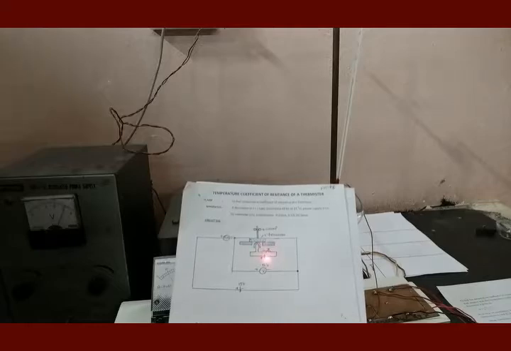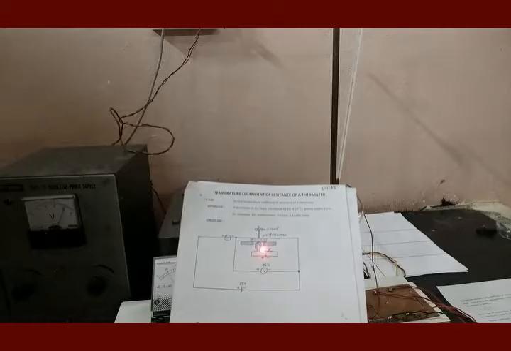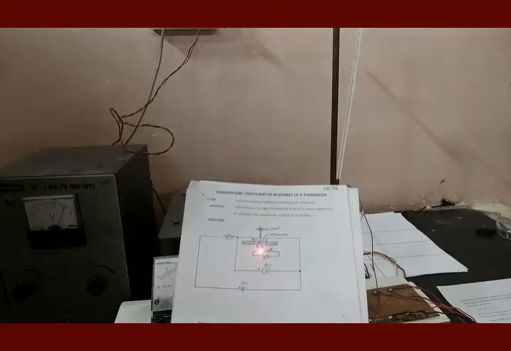Both voltage and current given to the incandescent lamp will be changed. This incandescent lamp has a tungsten filament. As more and more current is allowed to flow through the tungsten filament, according to Joule's law of heating, more and more heat will be generated.